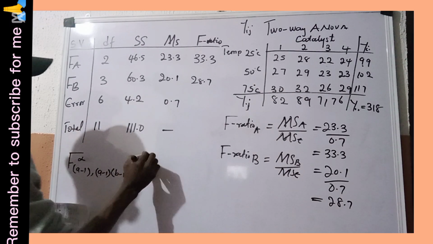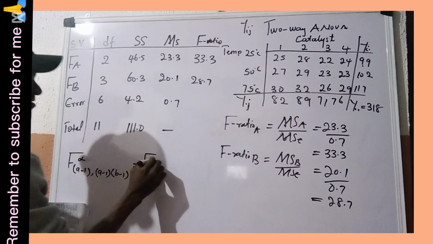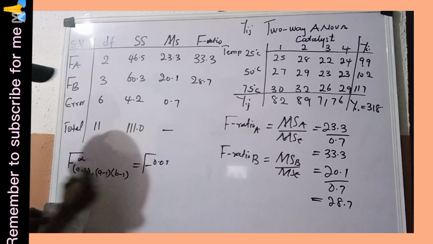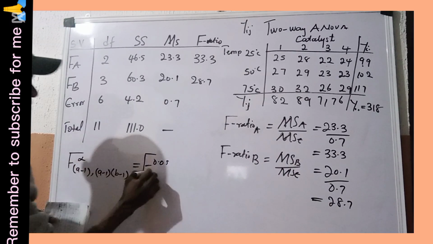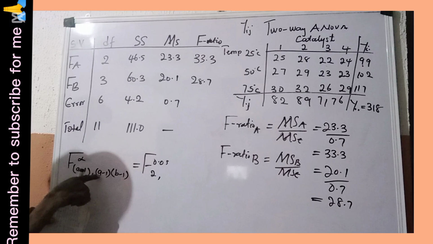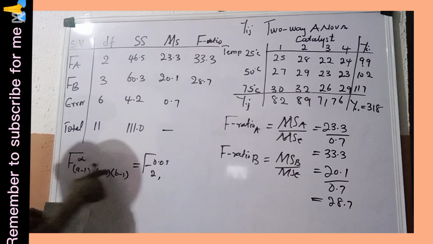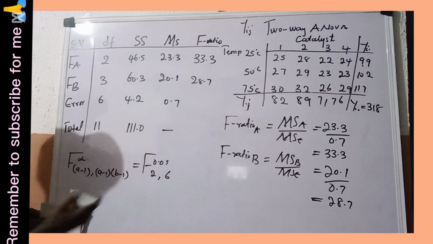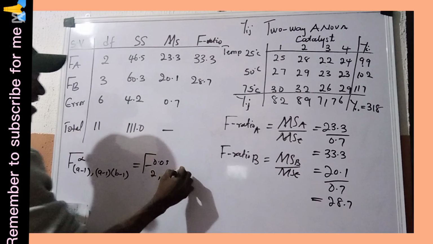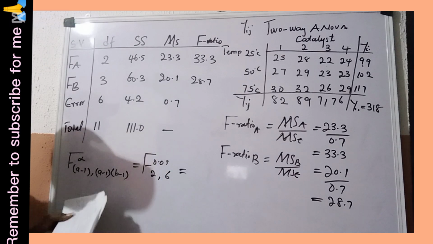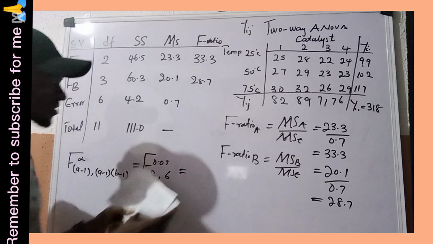Our alpha is 0.05 that we are using. A is 3, so 3 minus 1 will give me 2, comma, 3 minus 1 times 4 minus 1 will give me 6. So this is the degree of freedom for factor A and the degree of freedom for error. Reading this from the F distribution table, the value they gave there is 5.14.